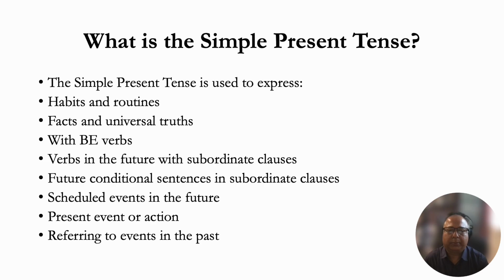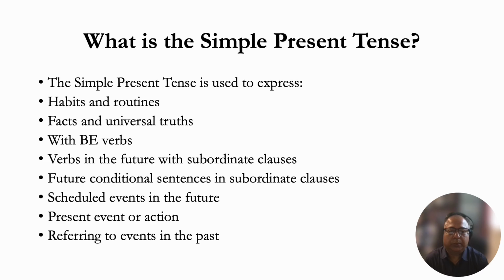So what is the simple present tense? The simple present tense in English is used to express habits and routines, something you do on a regular basis, facts and universal truths. The simple present tense is used with be verbs such as am, was, is, are.